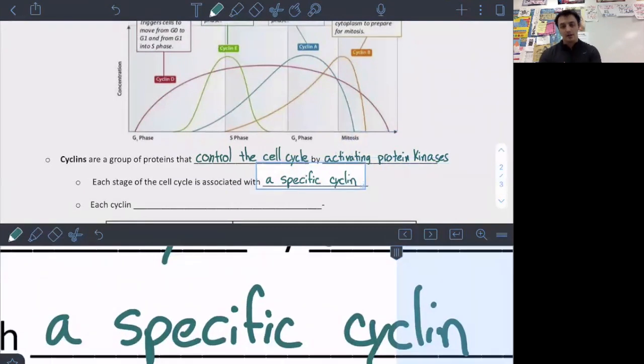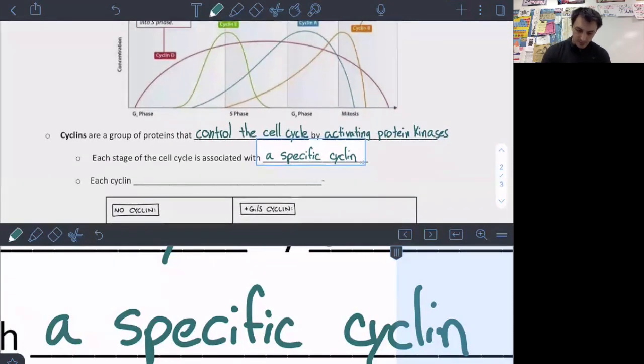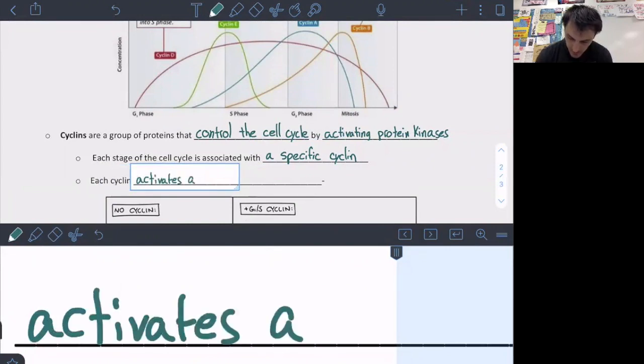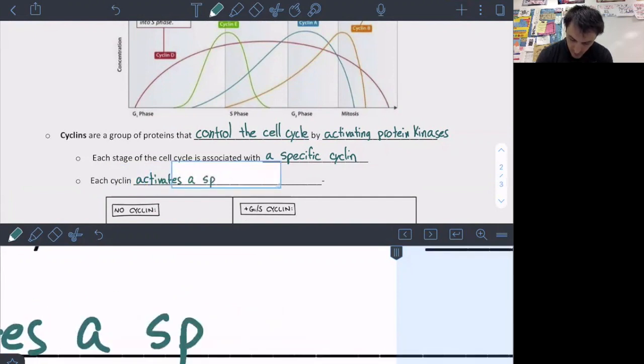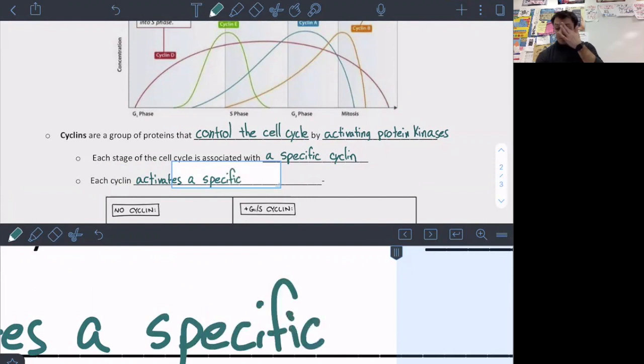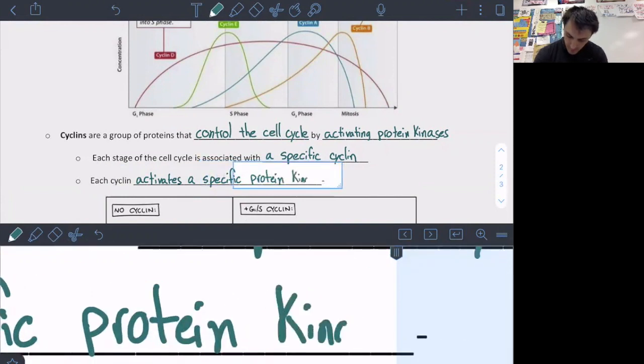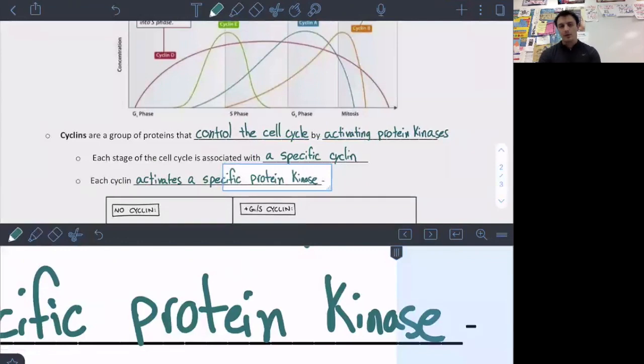Remember, this is very tightly regulated, so we want specificity within this process. Each cyclin activates a specific protein kinase. There's a specific cyclin for each stage, and that specific cyclin is going to activate a specific protein kinase.